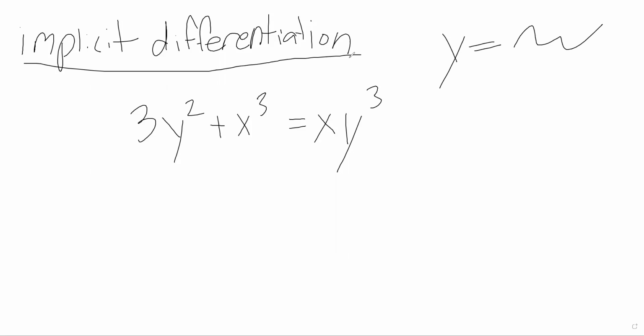Implicit can always be a go-to in these cases. The order is explicit, then implicit, then logarithmic.